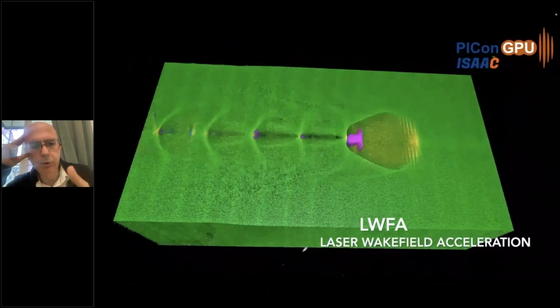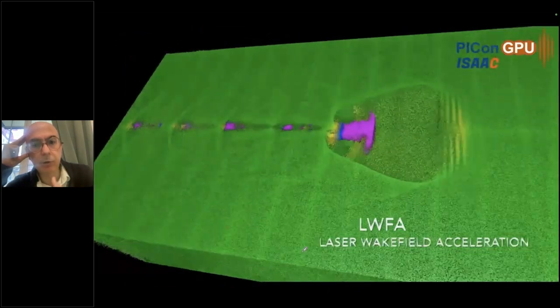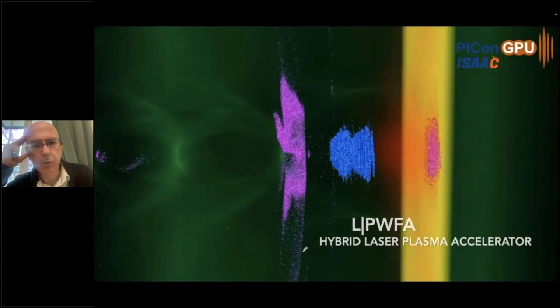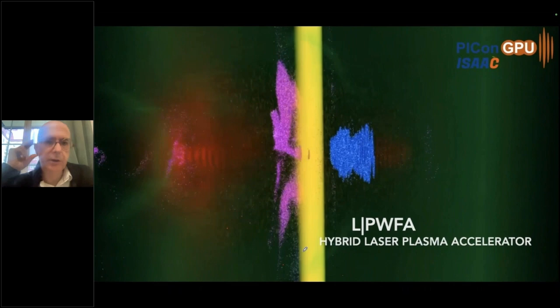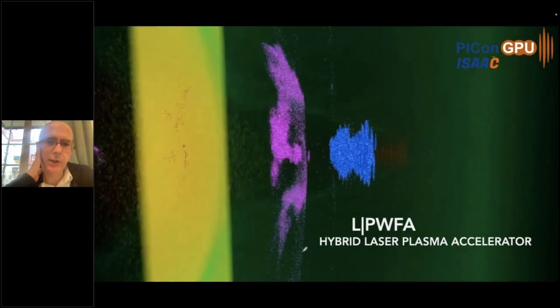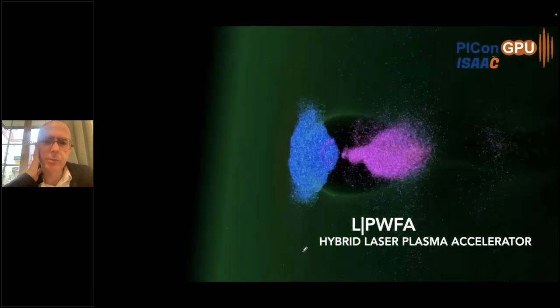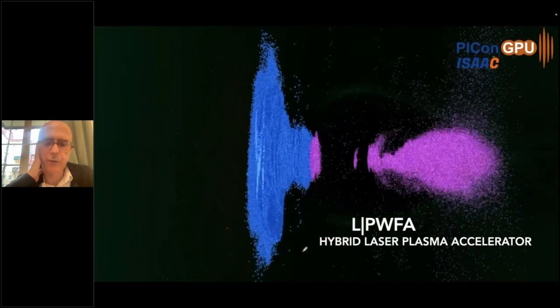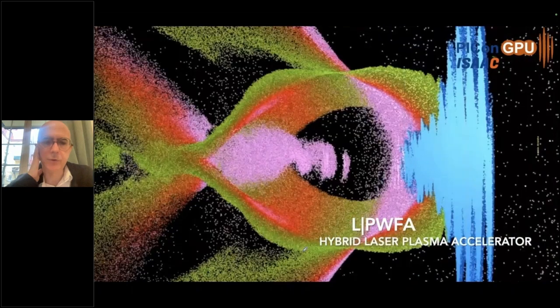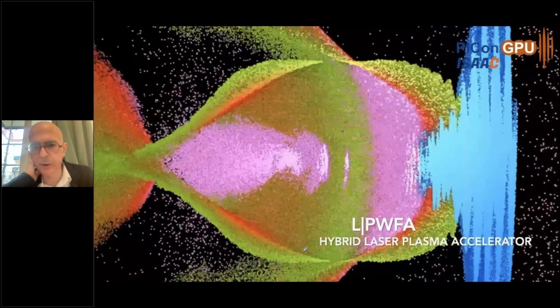Particularly, I want to showcase that these are huge simulations, but also the integrated data analysis tools that we show here to understand the particle distribution and the behavior, and provide insights for the scientists about the science itself.